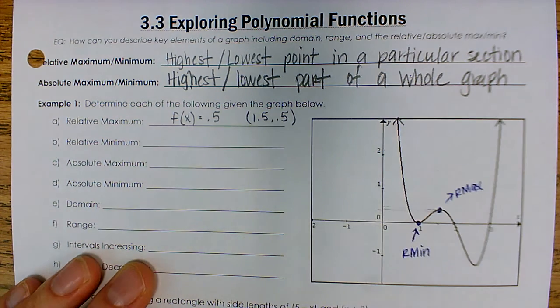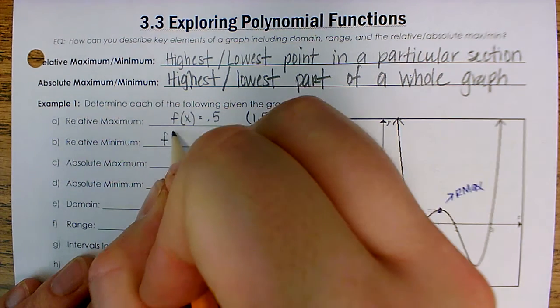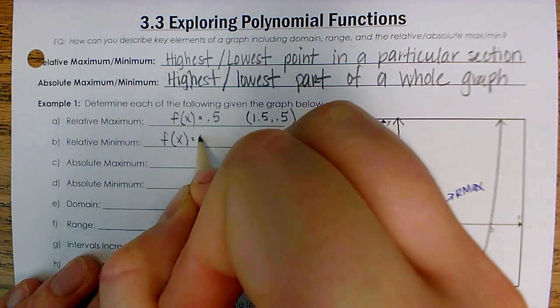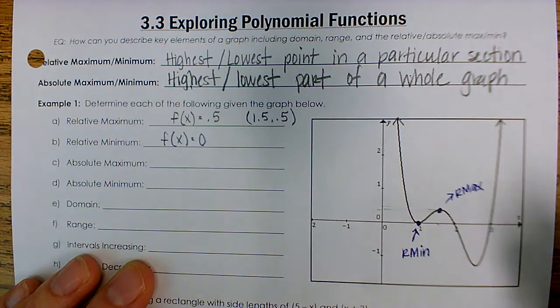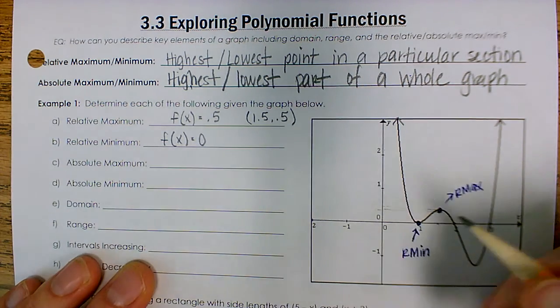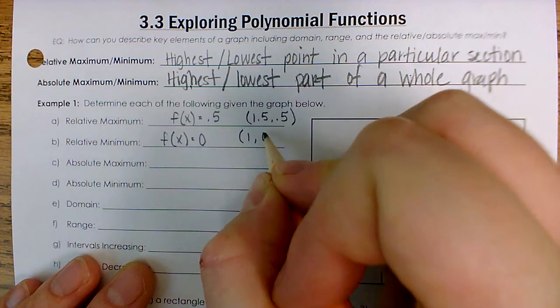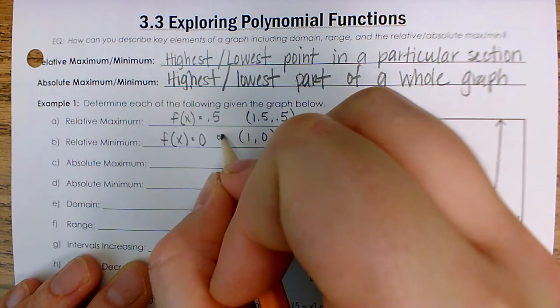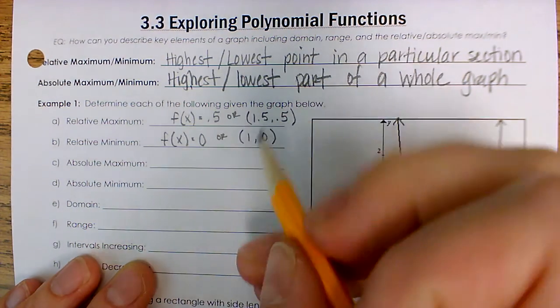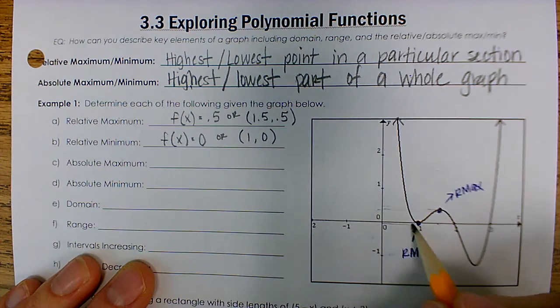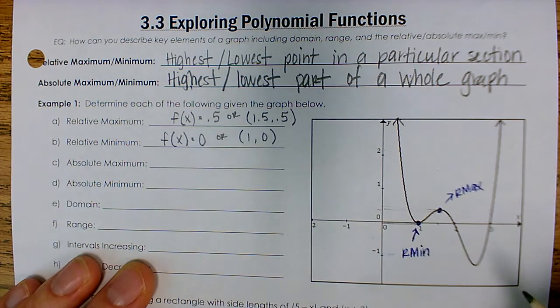That's not the absolute lowest, but that's the lowest point besides the absolute lowest. So that's the relative minimum, and we're going to say that's at f of x equals 0, or at the point about 1, 0. So you can write it either way. You can write it as a point, or you can write the lowest value that you get is 0.